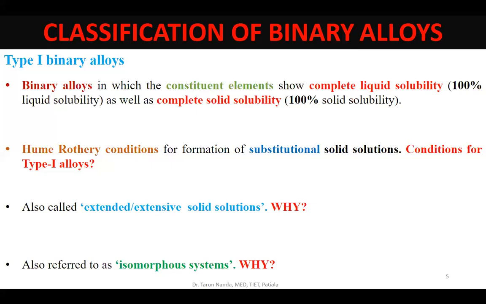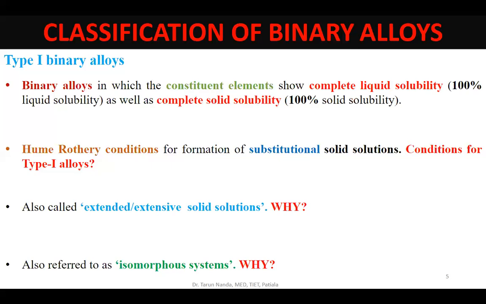Also, in the last slide, we said that these systems are called isomorphous systems. You see, I said that if two elements have to form a type 1 system, their crystal structure must be the same. So both the solute as well as the solvent elements must have the same crystal structure. And when they are combined, the solid solution that forms always has the crystal structure of the solvent.